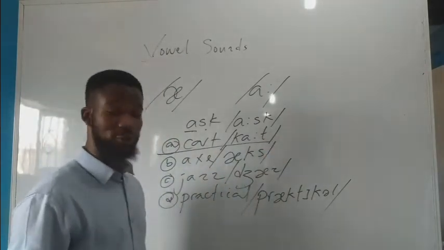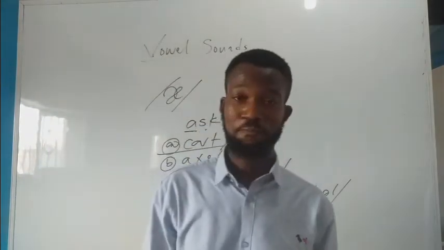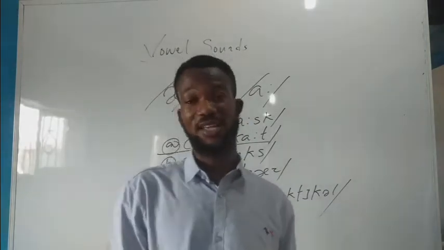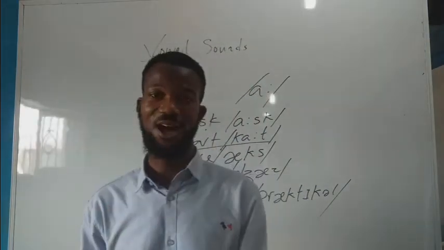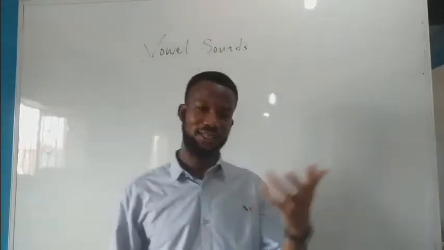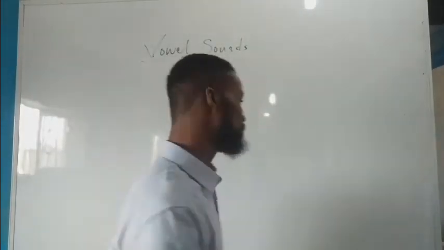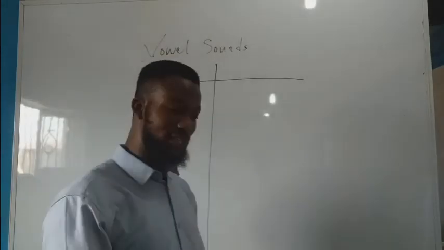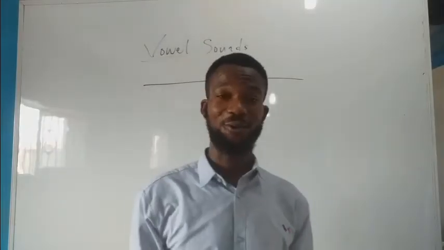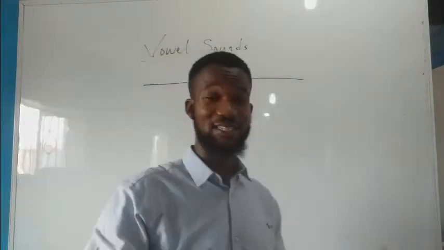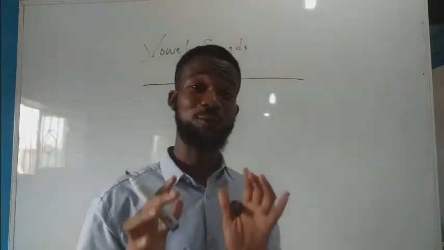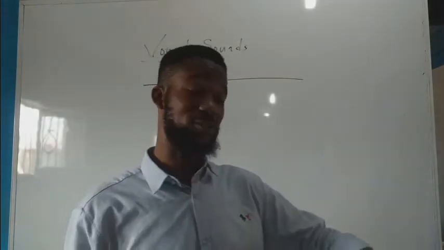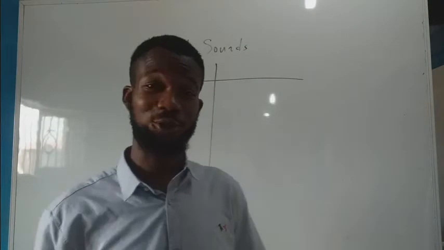So now I'm going to be teaching you how to identify a long A sound from a short A sound. So let's look at the difference between the long one and the short one. I told you earlier that what is put near the vowel, the consonant sounds or the letters that appear within a word, will help us to identify if the particular sound is long or short.